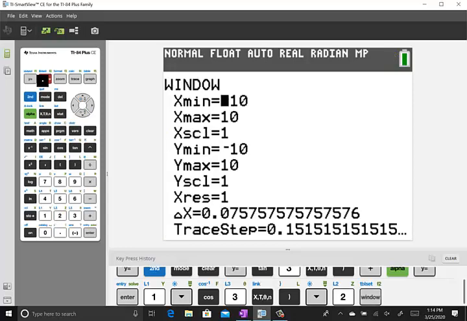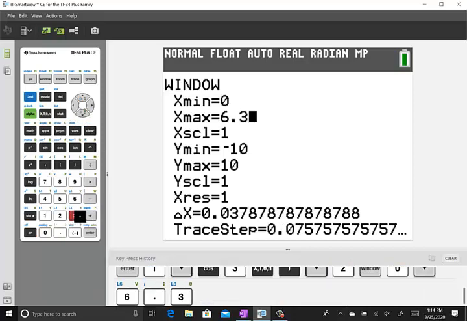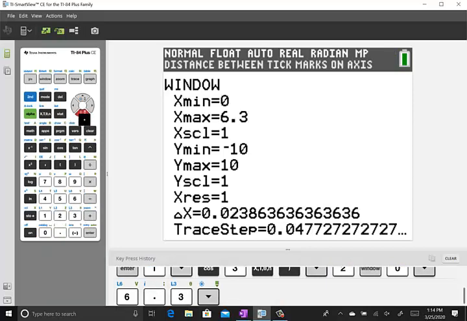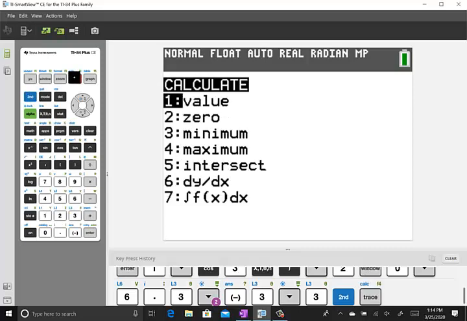So our x minimum is going to be 0. Our x max is about 2 pi, so 6.3. Our y minimum is -3, and our y maximum is 3. So now we hit second trace, and we want to find the intersect, so 5.